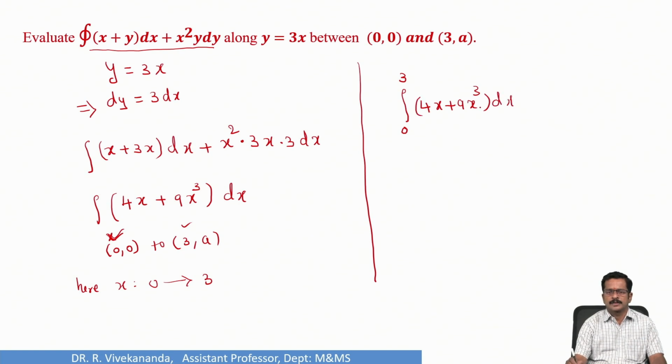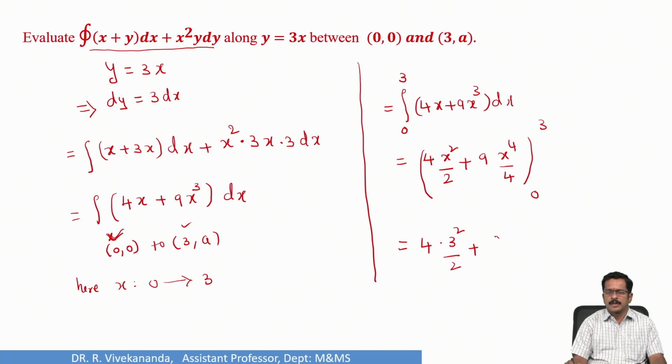Which is equal to 4 into x square by 2, because the integration of x is x square by 2, and 9 into the integration of x cube is x power 4 by 4, over the limits 0 to 3. So which is equal to 4 into 3 square by 2 plus 9 into 3 power 4 by 4.